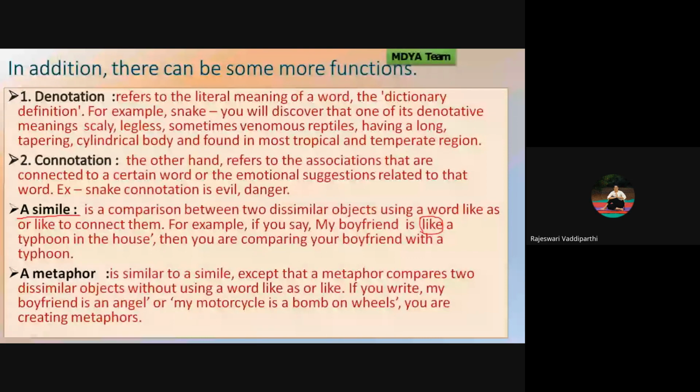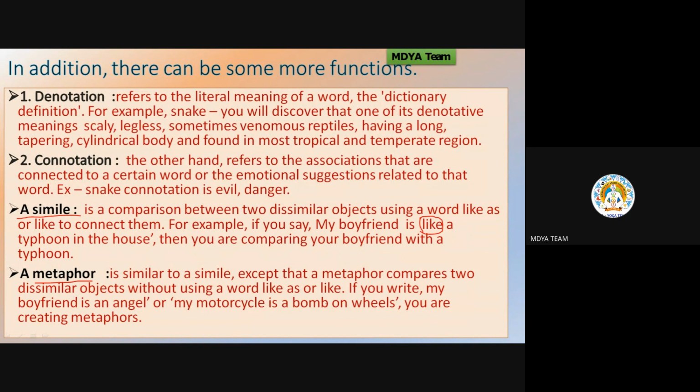Ma'am, for simile, for example, if I say she's as busy as a bee, then for metaphor, how will I say? Okay, I will give an example of this metaphor. First we see the example given here. My boyfriend is like a typhoon in the house.